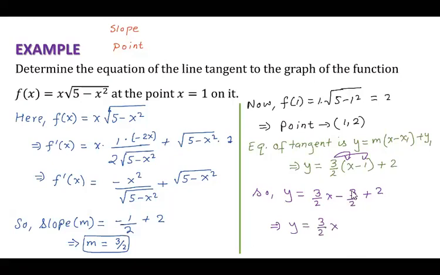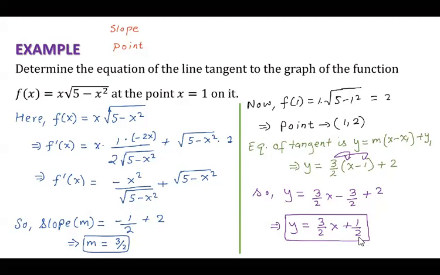And you can see here, 3/2 is 1.5. 2 minus 1.5 is just half. So that means this is the equation of the line tangent to the curve at x equal to 1. And you can see that this equation is in the form y equal to mx plus b, where m is the slope 3/2, and this one, 1/2, is the y-intercept.